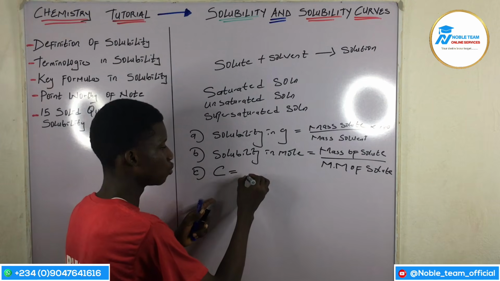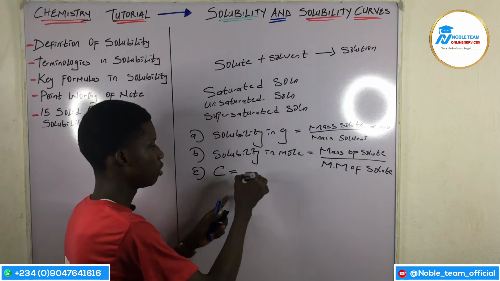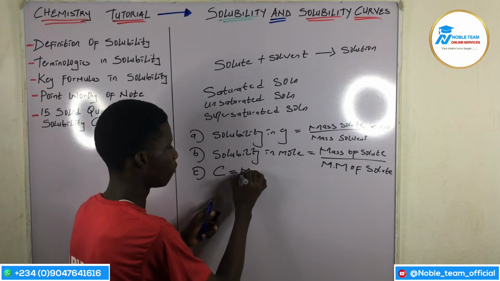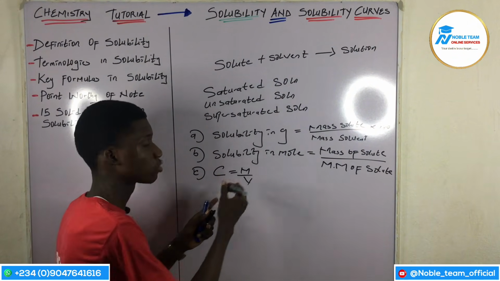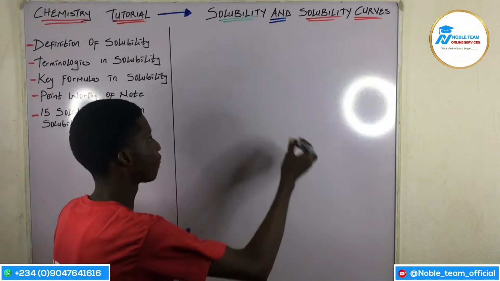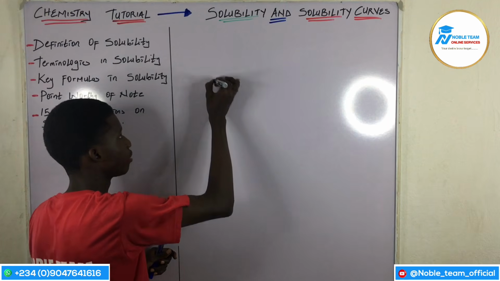Solubility is equal to mass over volume. Do you understand where this formula is coming from? Mass over volume.